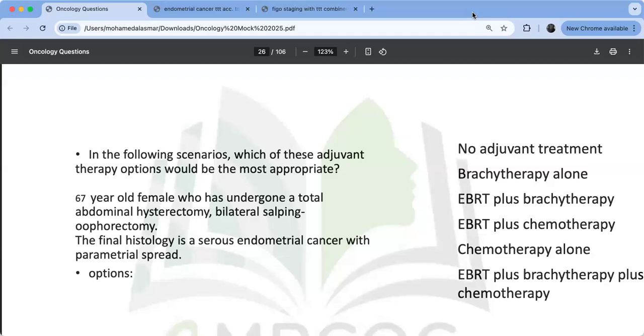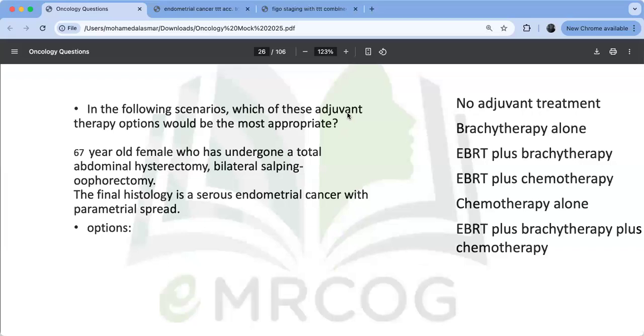What is the rule for a high-risk patient? What is the rule? Stage 3, already spread happened. Remember, it will always be surgery plus combination, right? So the answer here is external beam radiation plus brachytherapy plus chemotherapy, or external beam radiation plus chemotherapy.